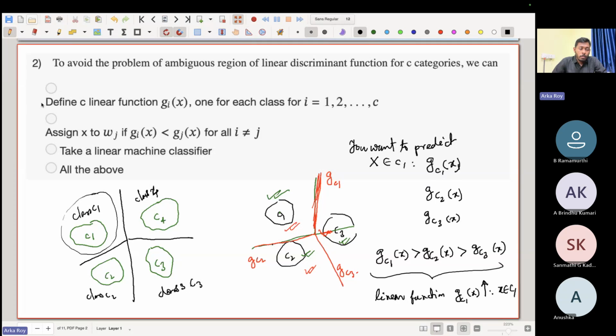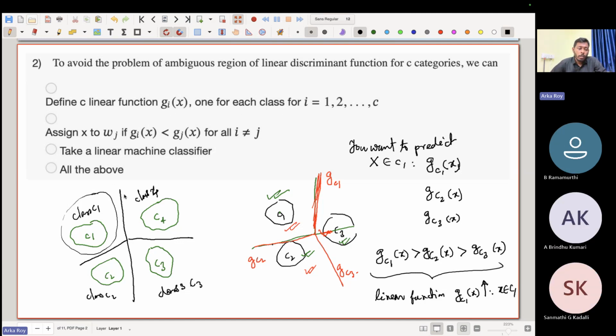So the first statement is define C number of linear functions Gi for each of the classes. We have already said that if you have, let's say, four classes, then to do an unambiguous classification you have to have four decision boundaries.